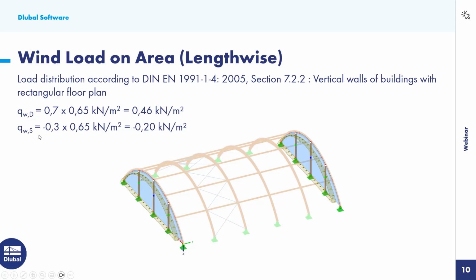And also the next, which is the second area, I named S, where we will have 0.3 as a cp value, and here would be the wind draft on the area. To continue with this wind load, I will go again to our program.